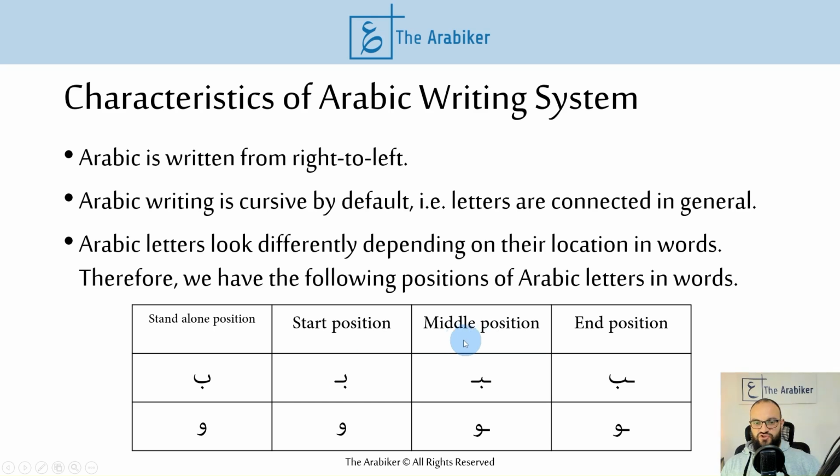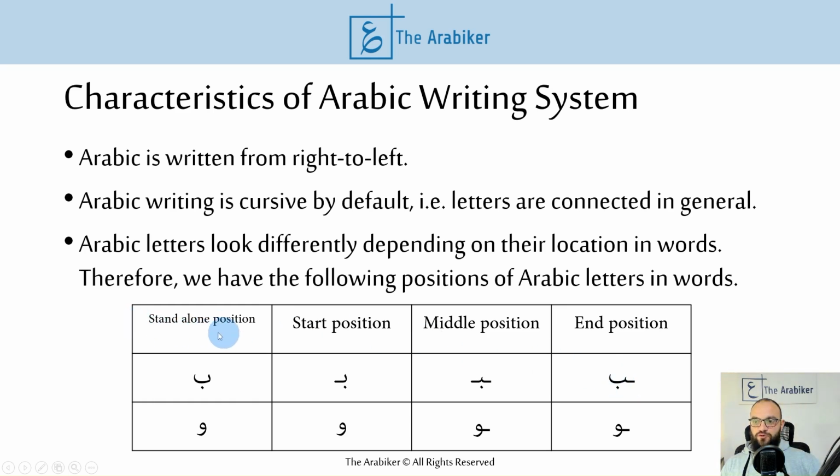And we have the middle position, where the letter is connected from both sides, the previous letter and, remember, Arabic is right to left, that's why I'm pointing here, the right direction is the previous letter, and here is the next letter. And we have the end position, where the letter connects with the previous letter, but the word ended. We don't have anything to connect to afterwards.